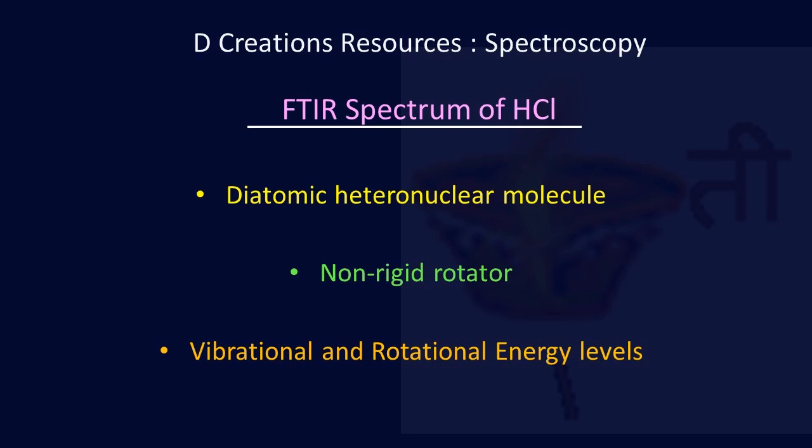The non-rigid rotator has nearly independent harmonic oscillations and rigid rotations, and the vibrational energy levels can be predicted based on the molecular bonding strength, that is from spring force constant, and the rotational energy levels can be predicted based on the bond length, that is the equilibrium spring length.